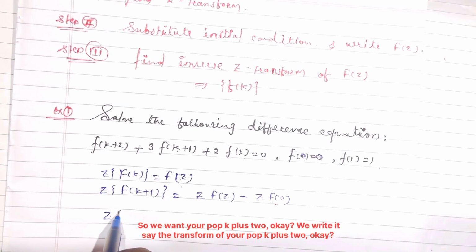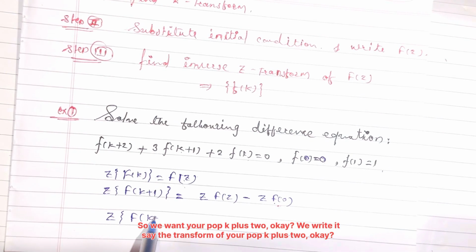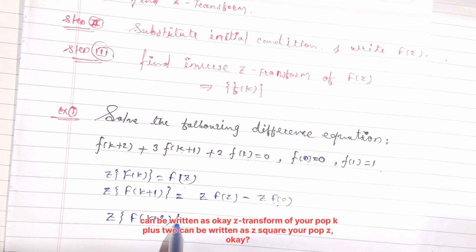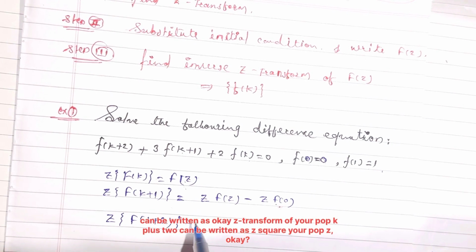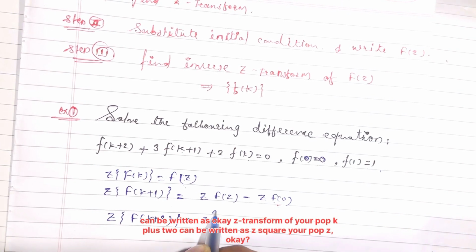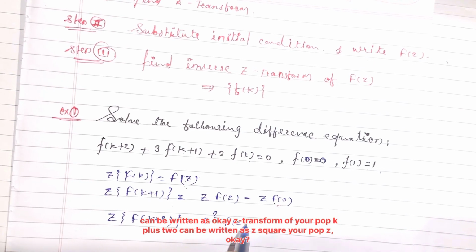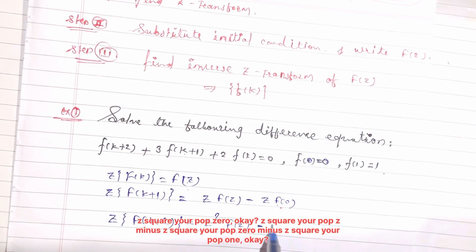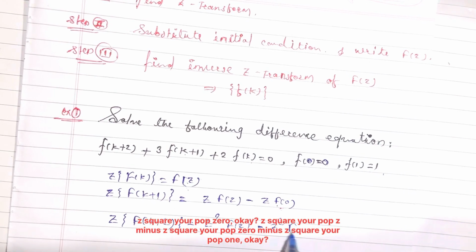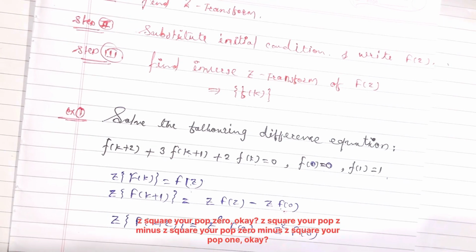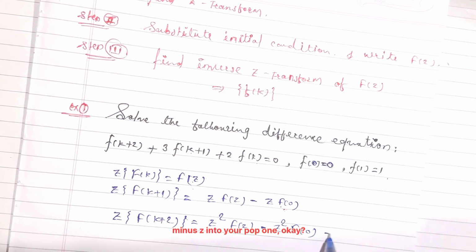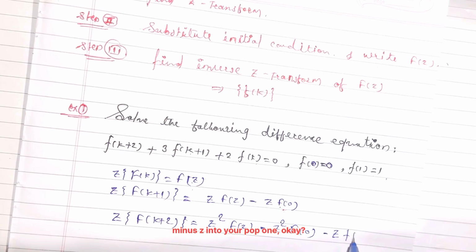The Z transform of f of k plus 2 can be written as z square F of z minus z square f of 0 minus z into f of 1.